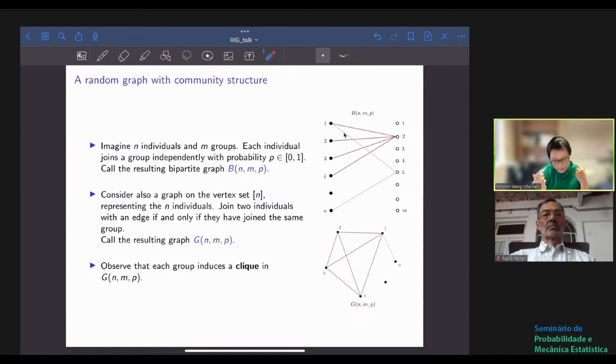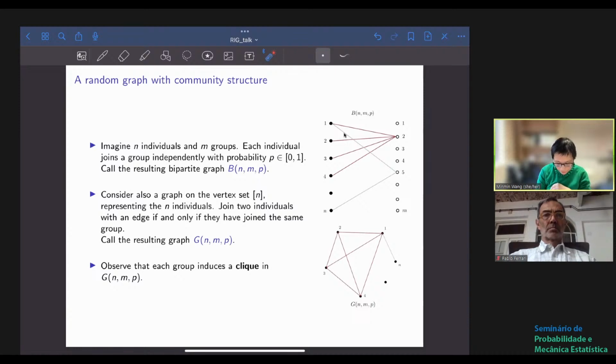In this context, it's very natural to call one set of vertices individuals and the other set the groups that the individuals can potentially join. The edges in this bipartite graph are always between an individual and a group, never between two individuals, nor between groups.